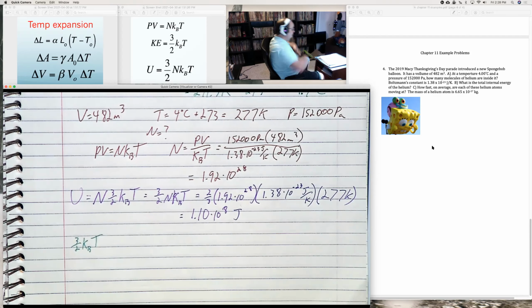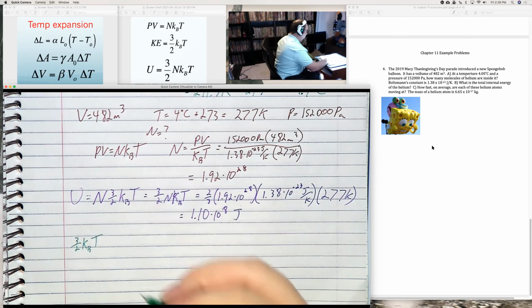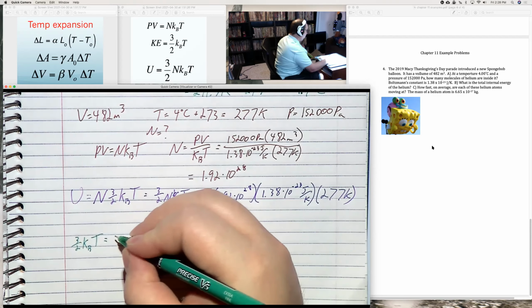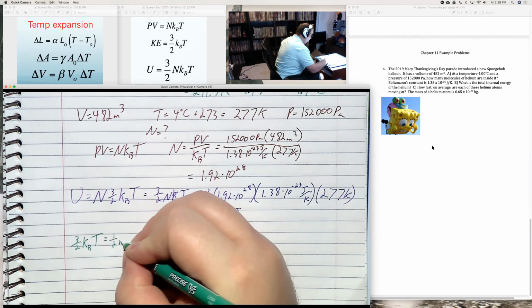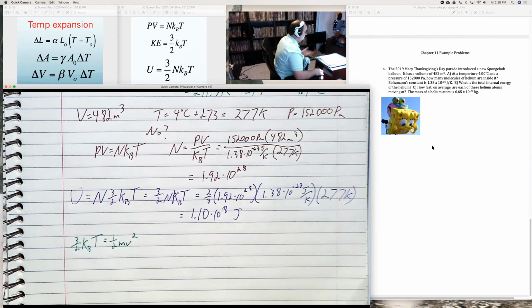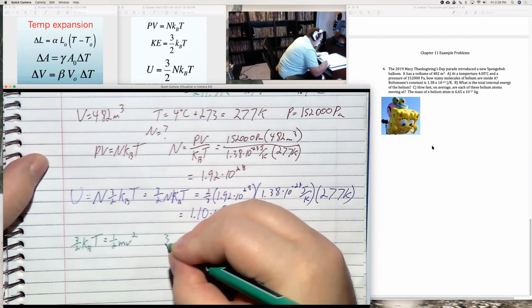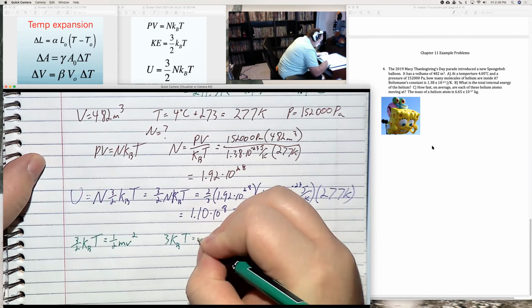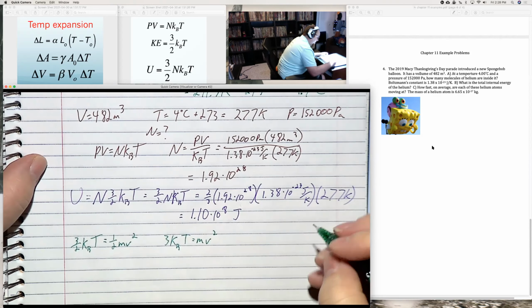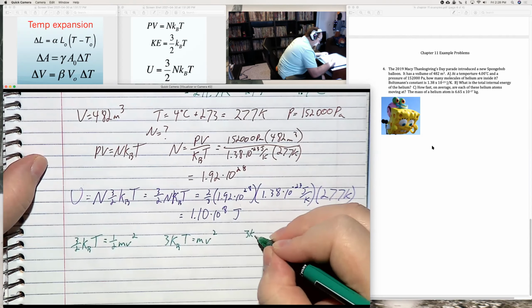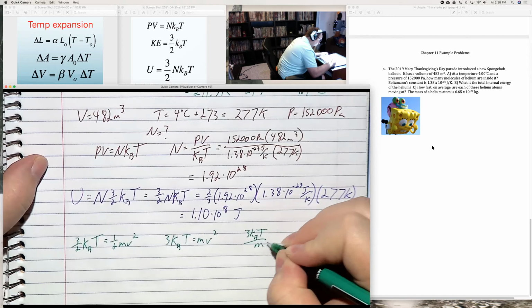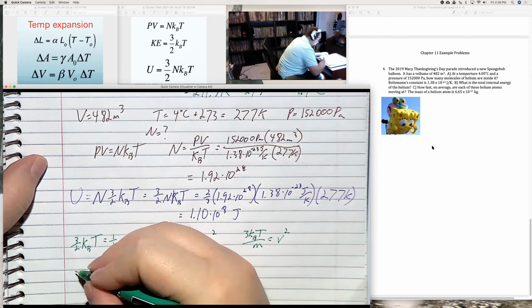But kinetic energy of anything moving, we know from chapter 5, is 1/2 mv squared. What I can do is multiply both sides by 2, divide both sides by m, and then square root.